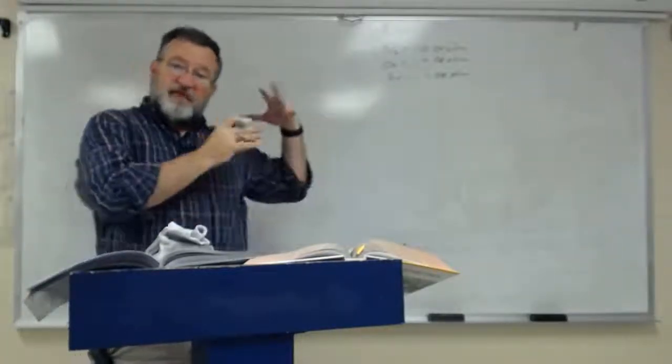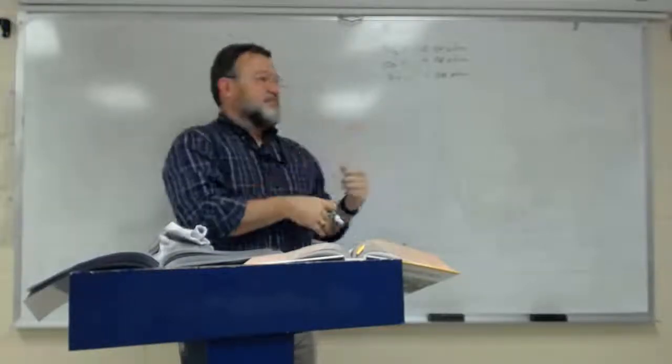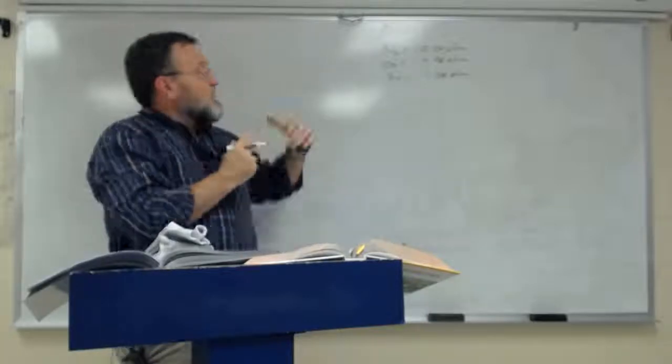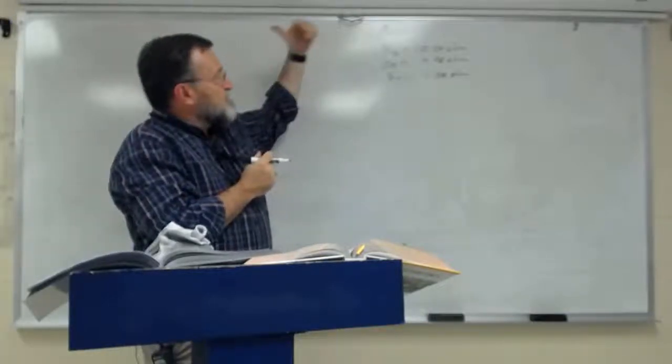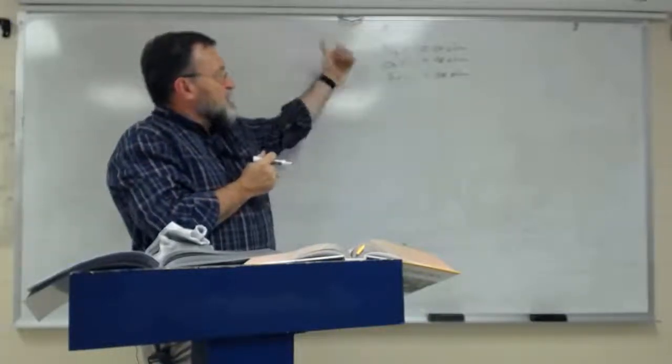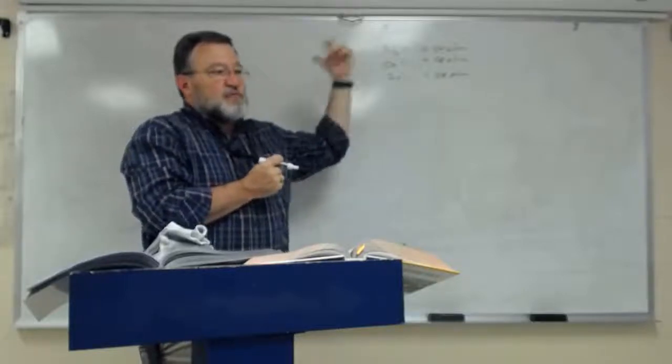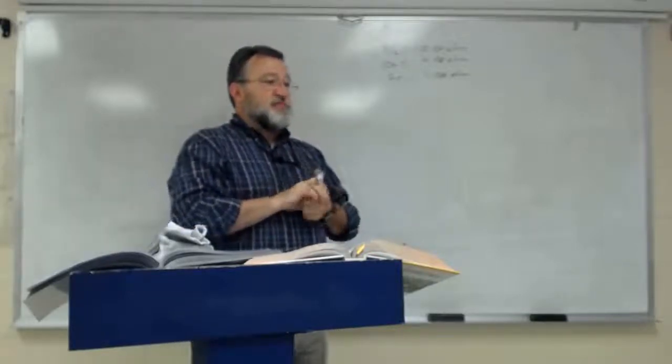If it's in a vessel, in a container, think of it as a balloon. The balloon is the vessel. If I have 10 atmospheres of nitrogen, 4 atmospheres of oxygen, and 1 atmosphere of argon, what is the total pressure in the vessel, in the balloon? Right. Dalton's law says the pressure total is equal to the sum of the pressures.